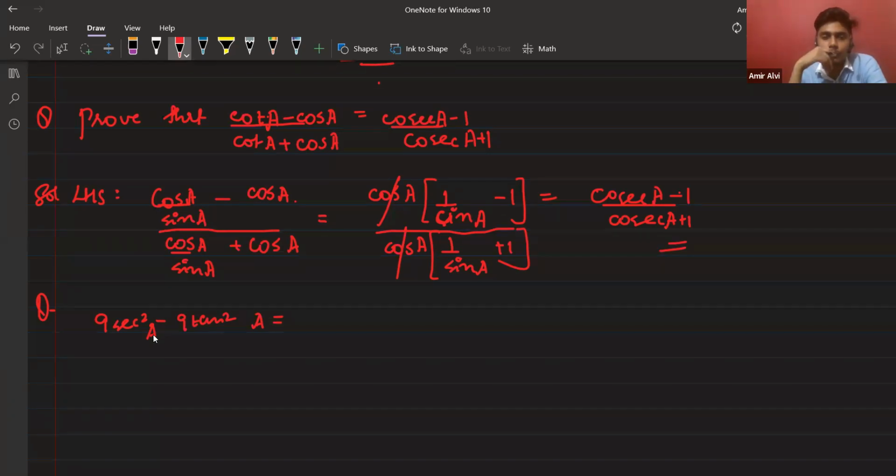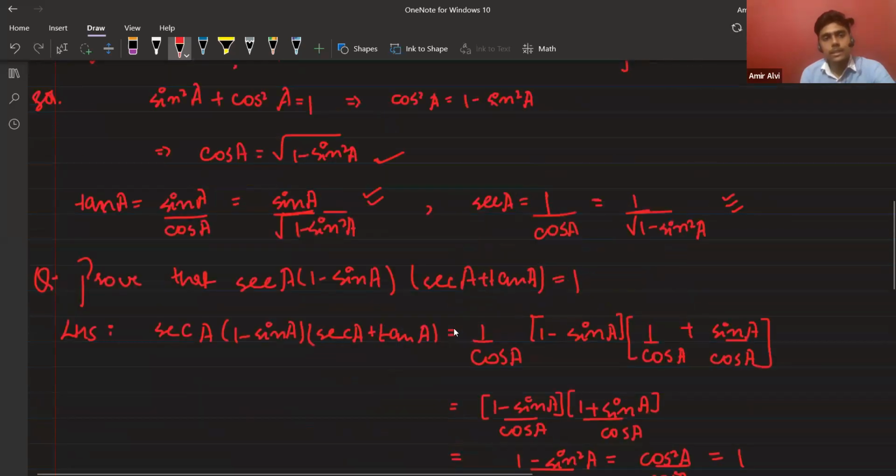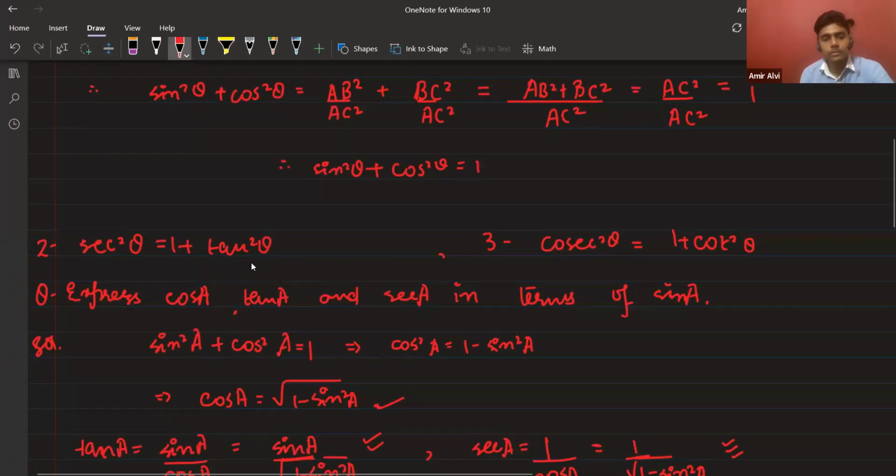You just have to look at it very focusedly. So is the equation tan square A equal to 1 minus sec square A, the identity? If you take 9 as common, what will you see? Sec square A minus tan square A. Now tell me, is this the identity, yes or no?